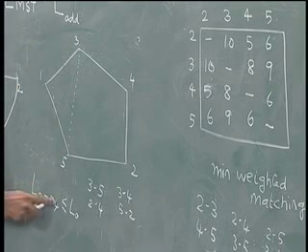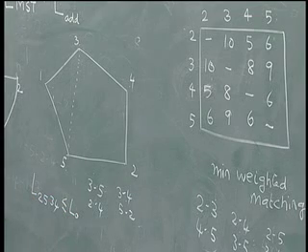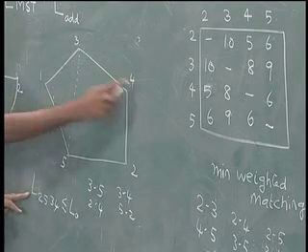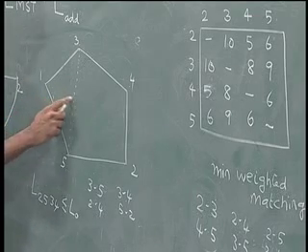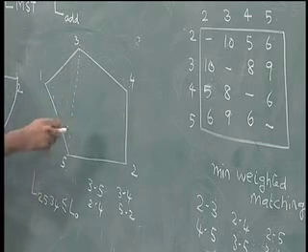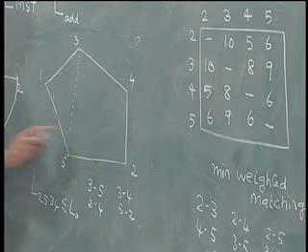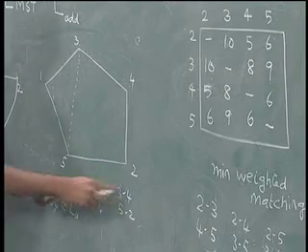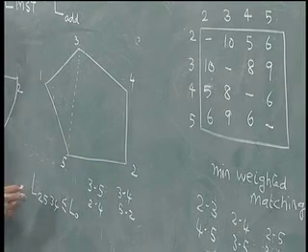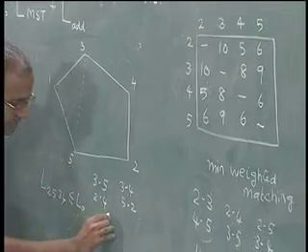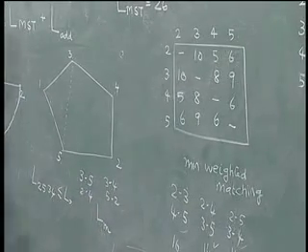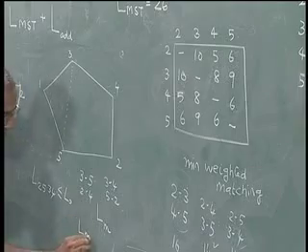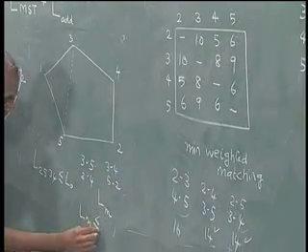So, L2534 is less than or equal to L0. Now, from this 2534 we may get two matchings which are either 3524 or 3452. Now, let us call the minimum of these two some L small m, small matching.